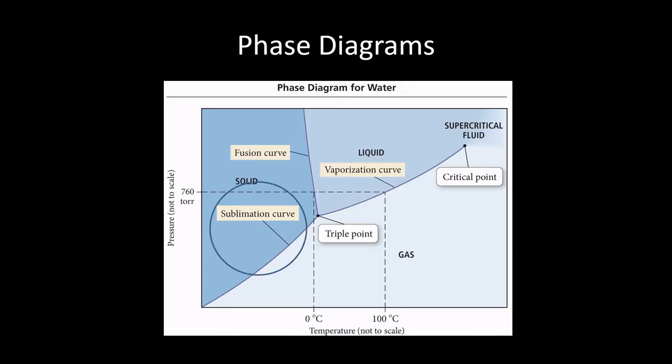Okay, another thing I want to point out really quickly is that these lines that we use to separate each of the phases can be used very easily to tell what would happen if, for example, you had a sample at this temperature and pressure, and you heated it up. Well, then it's going to move in this direction, because it would be going to a higher temperature. And so you would go across what we call the fusion curve, which would mean that you melted it, because it's going from a solid into a liquid.